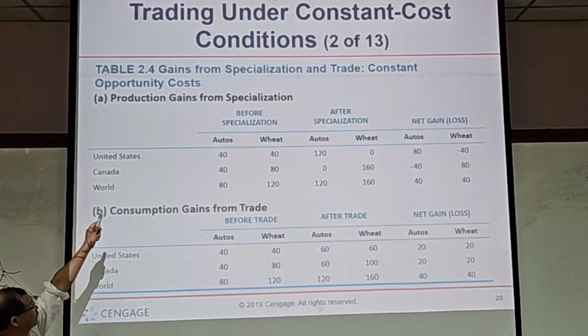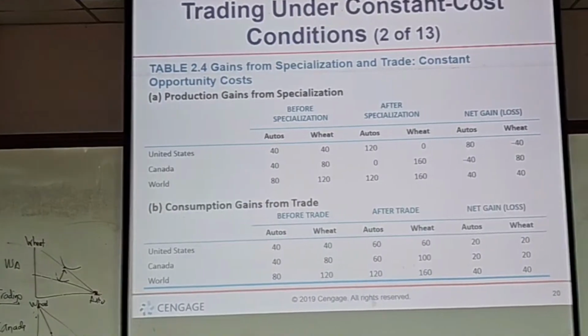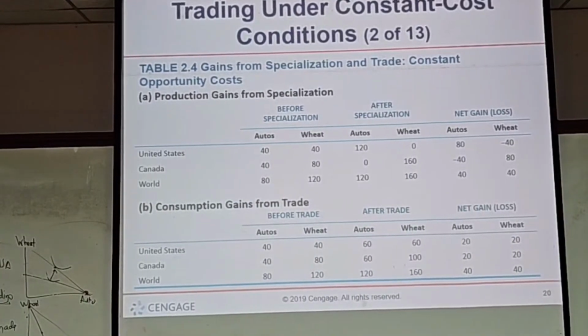Okay? That was production. Where is it? Here, right? Good. Under the red line.